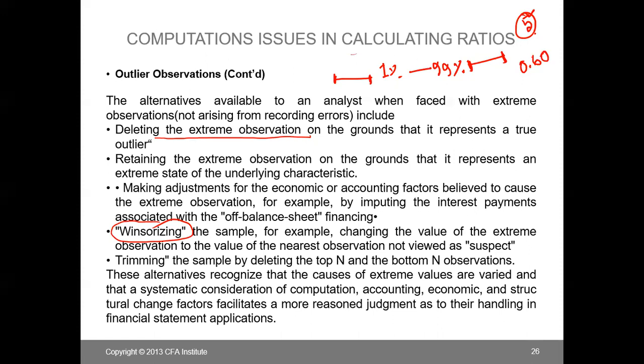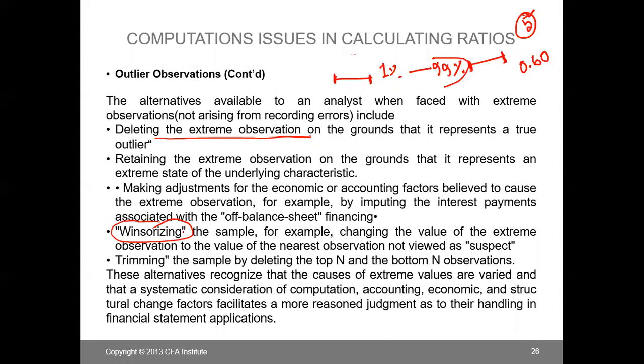So Winsorization reduces the return on equity of 5, which is exceeding the 99th percentile, to a number closer to 0.60 to bring it within the 99th percentile. So 0.60 is the return on equity in which 99% of observations are covered, right? 99% of observations have a return on equity below or equal to 0.60.